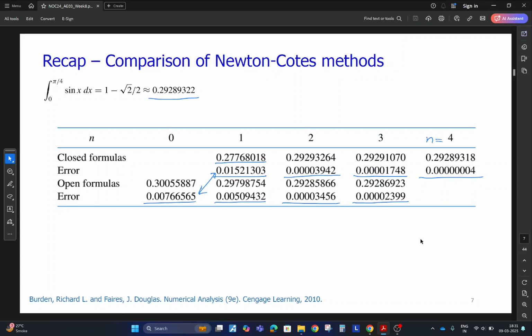But then again, this has to be balanced against the computational effort that we are putting in and the cost and time of computation. So sometimes, depending on the error tolerance that we are willing to endure, a reasonable error might be good enough for all intents and purposes, and we do not need a very fine or a very refined result.